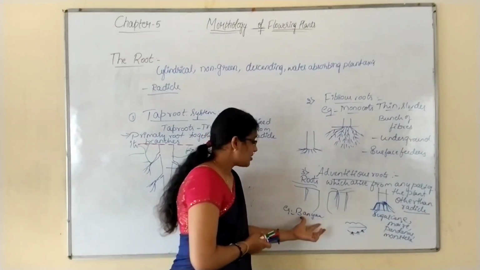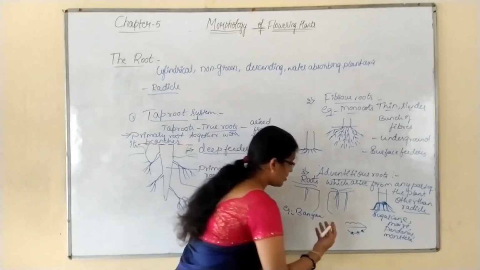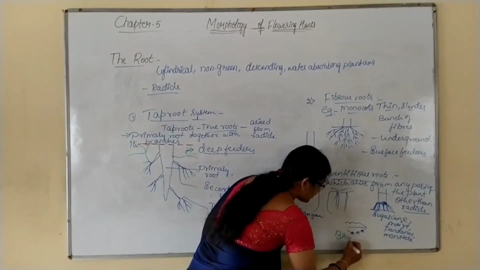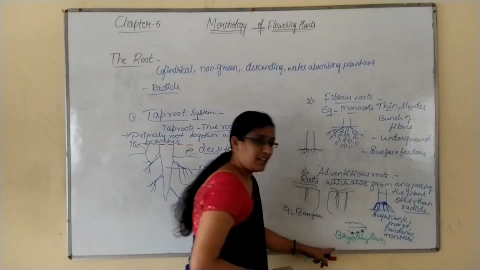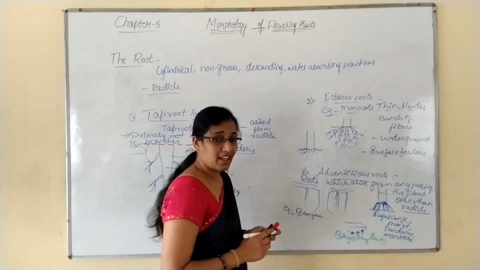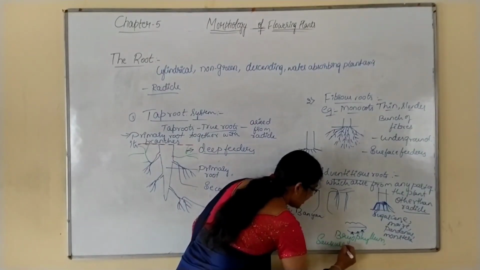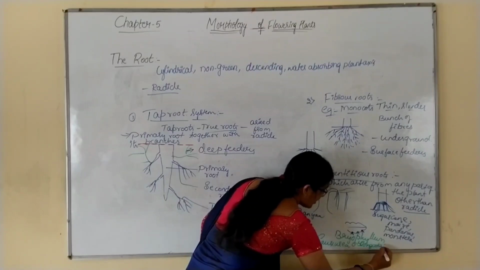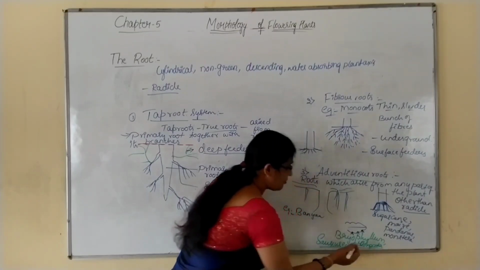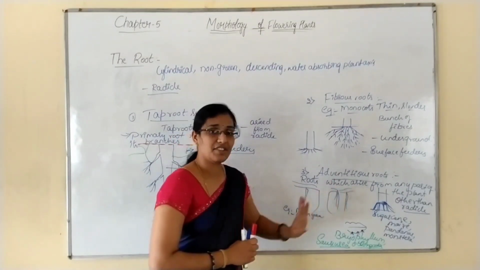Is that clear? One more example, bryophyllum, and then Sasuria oblongata. These are also examples for the plants bearing adventitious roots.